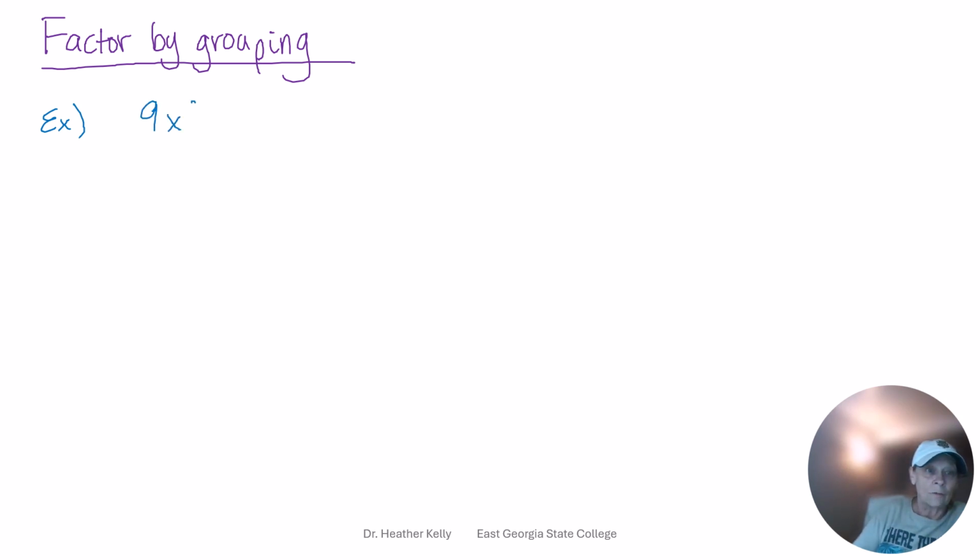So the first one, 9x squared minus 6x plus 3x minus 2. Now, when do you use factoring by grouping? You use factoring by grouping when there are 4 terms.